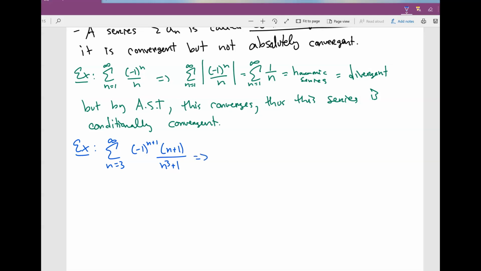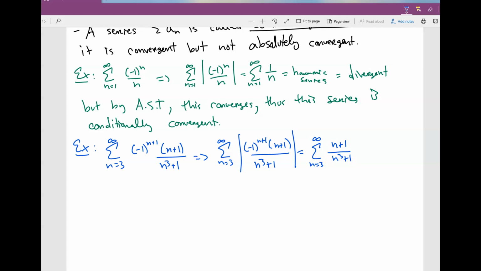Let's take the absolute value of all this. This whole thing is going to turn positive, and this is also going to be positive because it doesn't take any terms that are negative. So I'm just going to have the sum from n equals 3 to infinity of n plus 1 over n cubed plus 1.